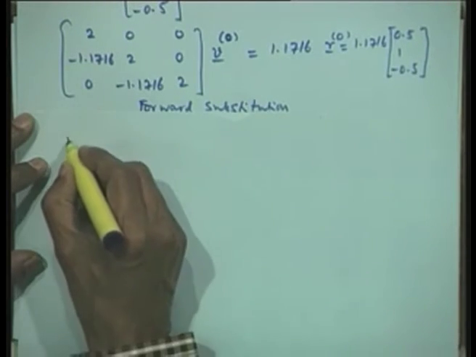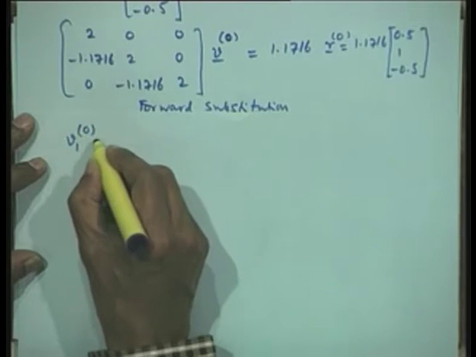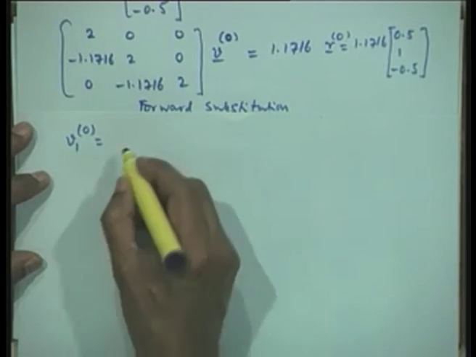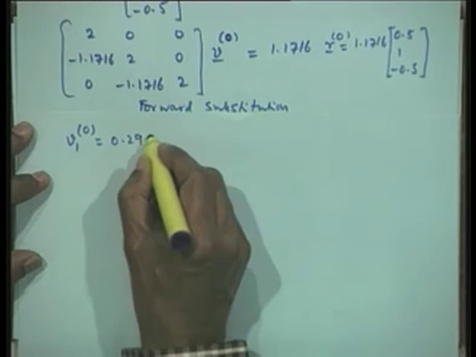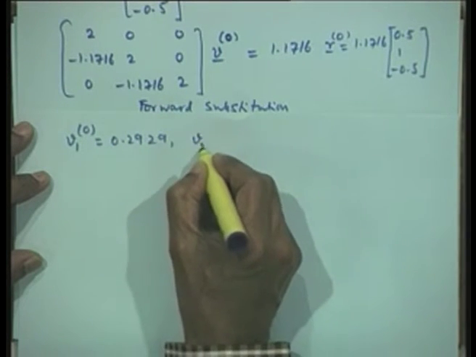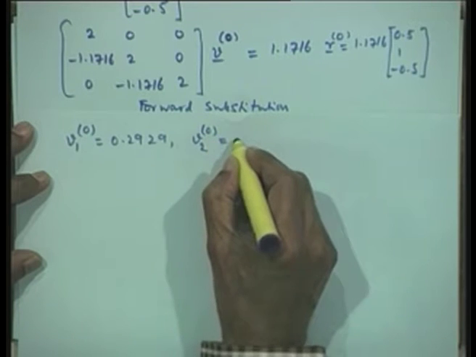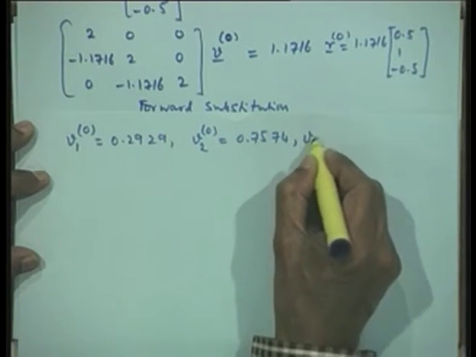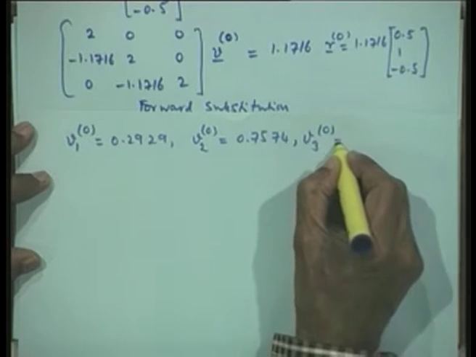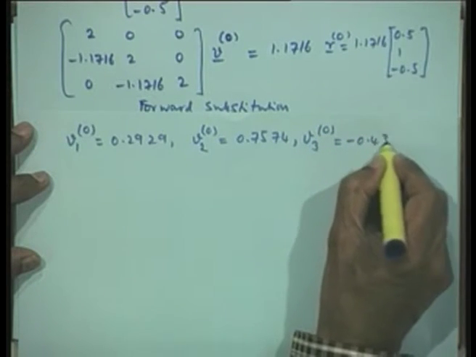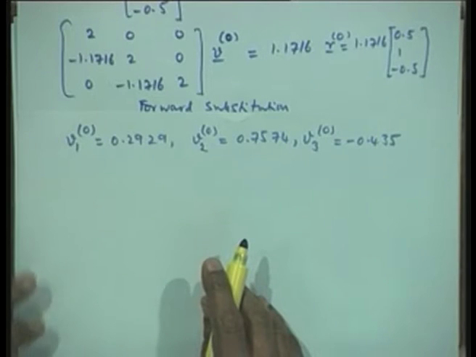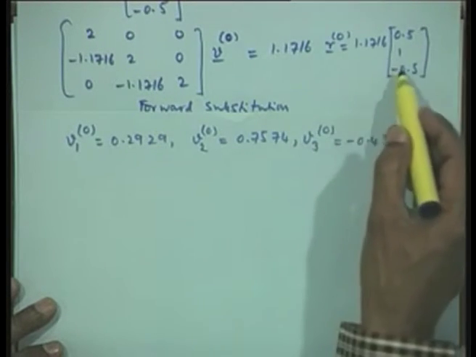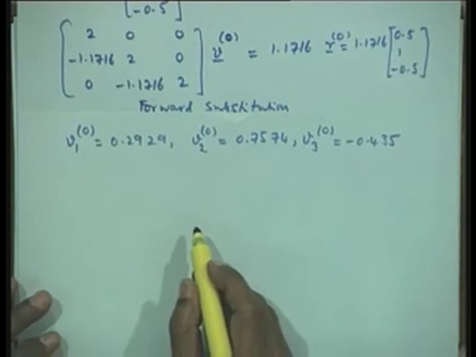If I do that, I would get V1 0 is half of that, 0.2929, V2 of 0 is 0.7574, V3 0 is minus 0.435. This is the solution of this system by just forward substitution.